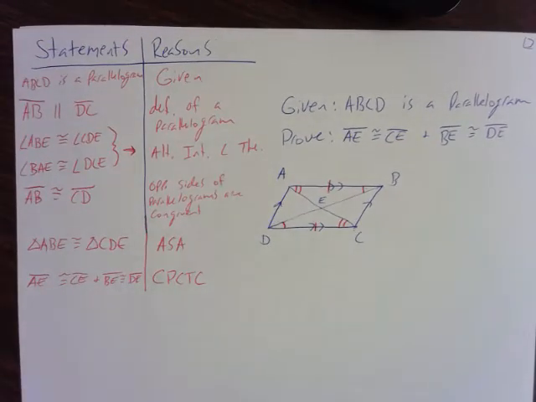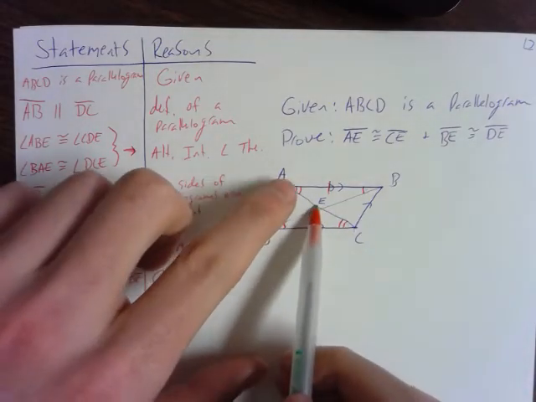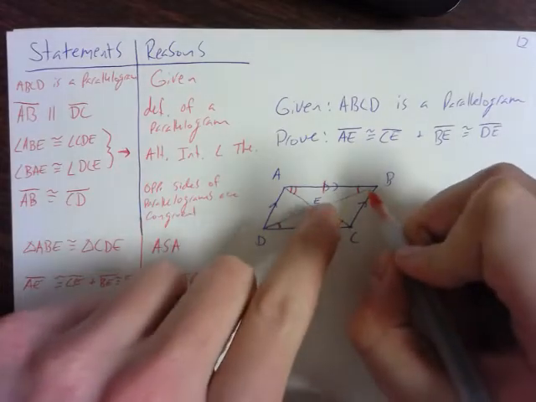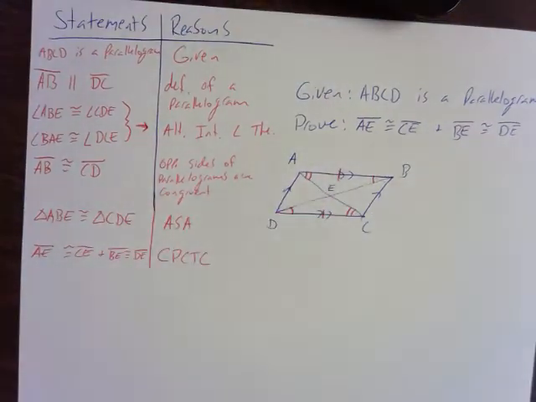So what did we learn out of this? I'm saying that this line is equal to that line, and that this line is the same as this line. The only way I can have two lines that are exactly the same length is if I cut it in half. What is common between all of these line segments?